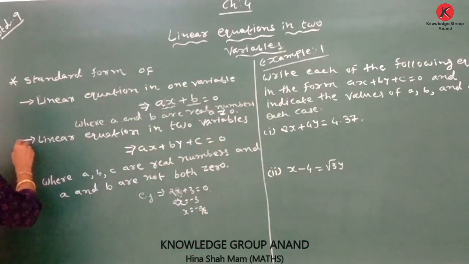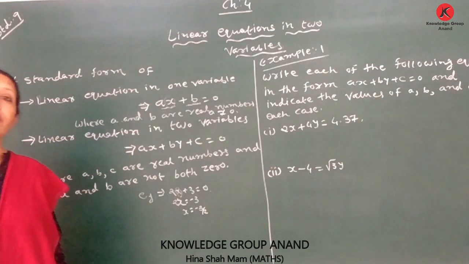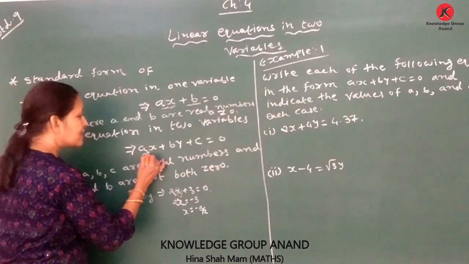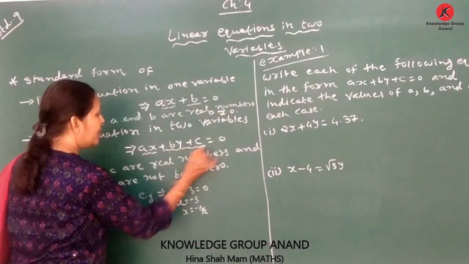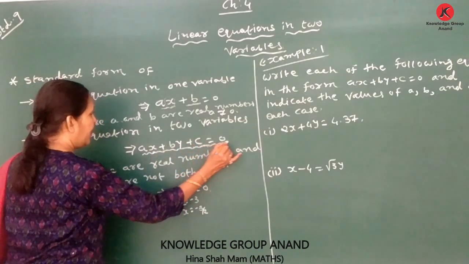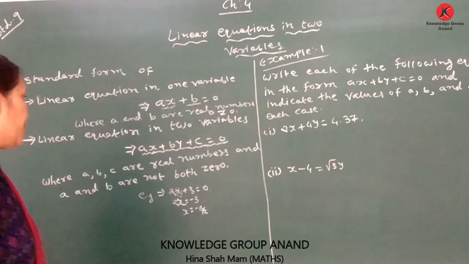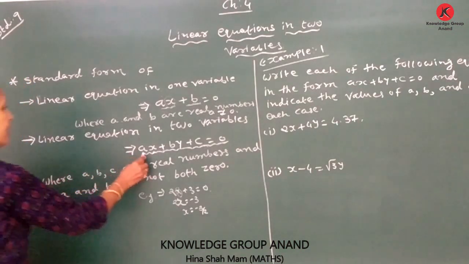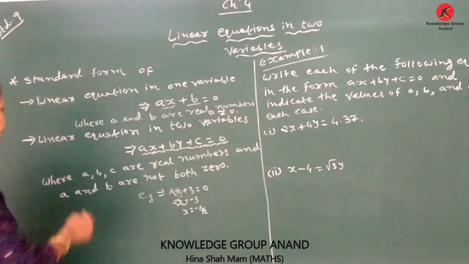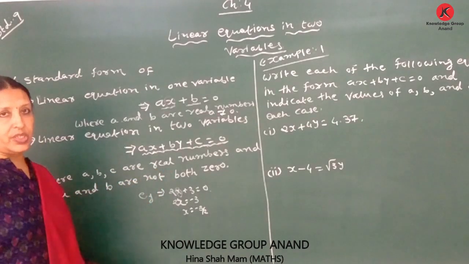Now second, linear equation in two variables. Its standard form is ax plus by plus c equals 0, when a, b and c are real numbers and a and b are not both 0.